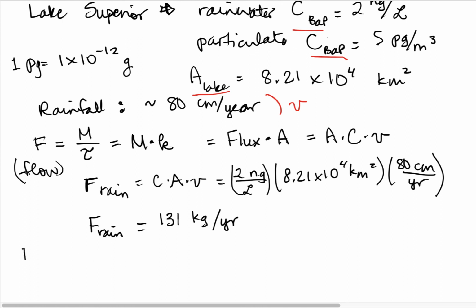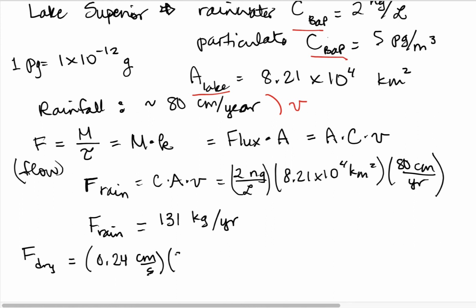For the particulates, we need to know how fast the particulates settle on the water. It turns out that the answer we got for the lead particles is pretty accurate. For the lead particles, we found that the speed was 0.24 centimeters per second, or you can do it in meters per year, whatever you prefer.